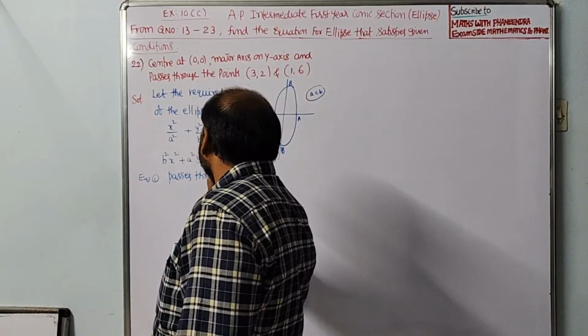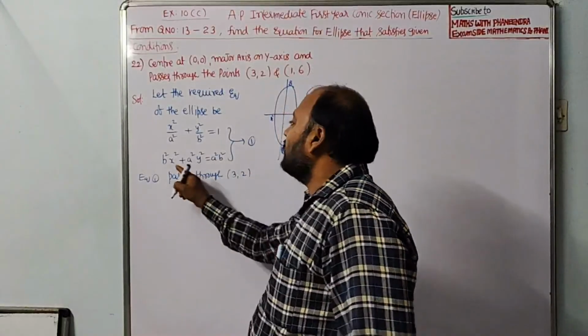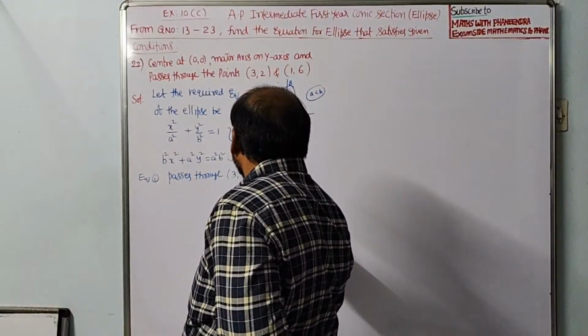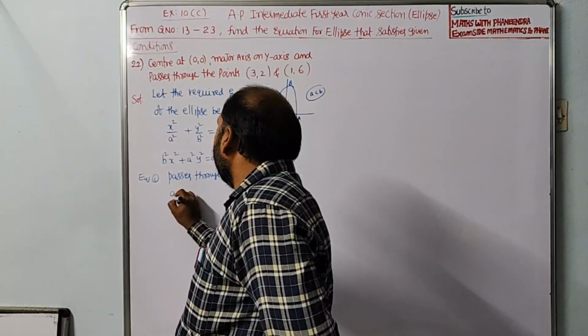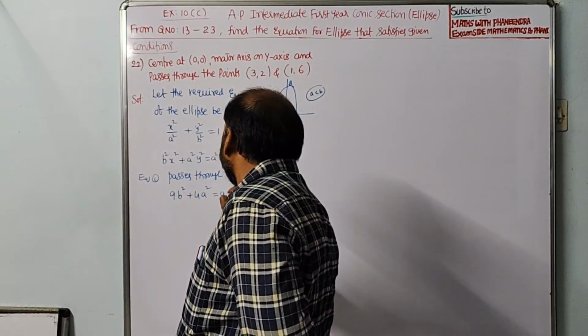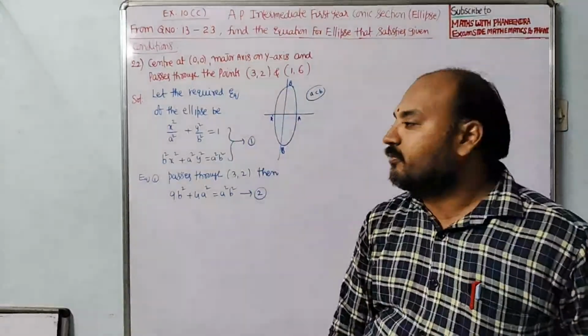The first point, substitute 3, 2 wherever x, y is there in this. Then x is equal to 3, substitute, 3 square is 9. 9b square plus 4a square is equal to a square b square. Equation number 2.